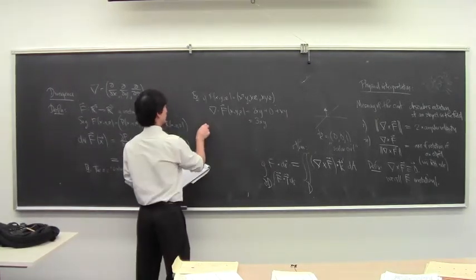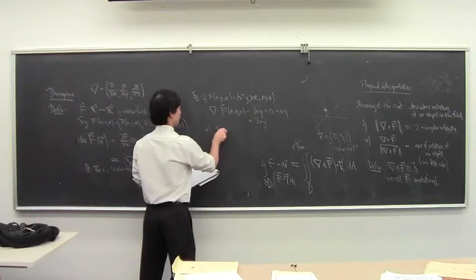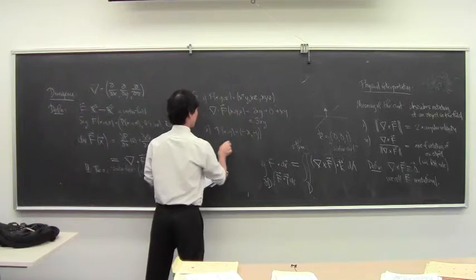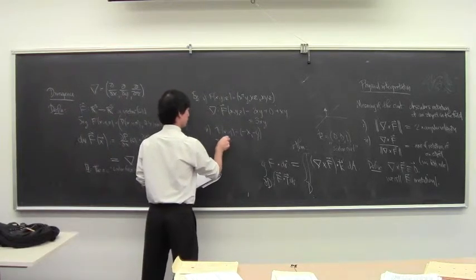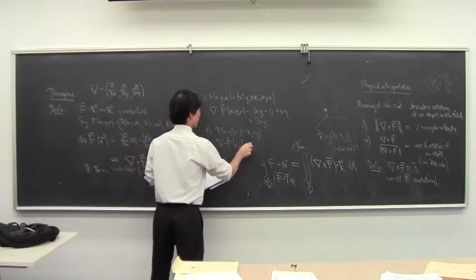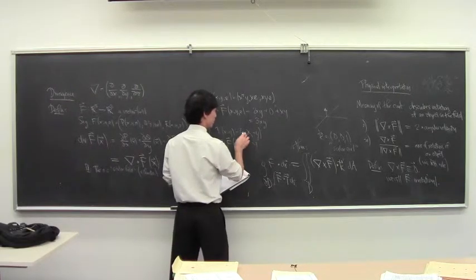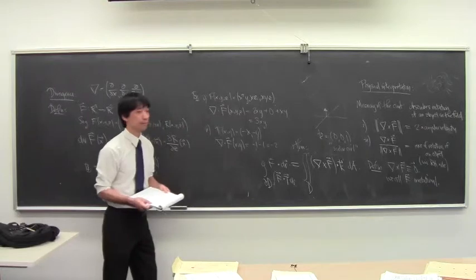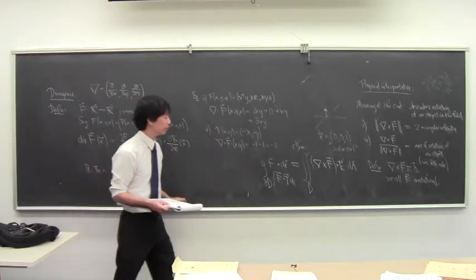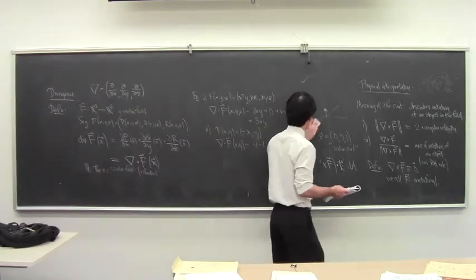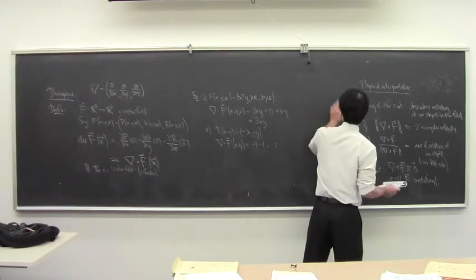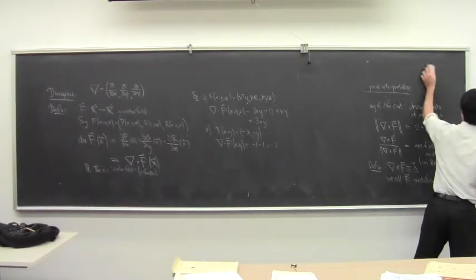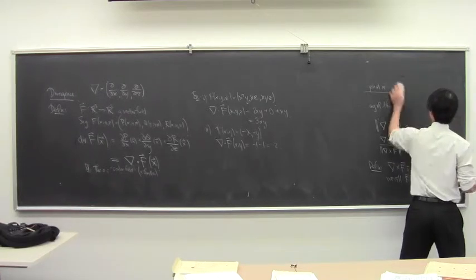If I have some field negative x, negative y, then this is going to be the partial with respect to x plus the partial with respect to y. You get some constant. It's constant divergence. Here the divergence depends on x and y. The farther away you are from the origin, the bigger in magnitude the divergence.